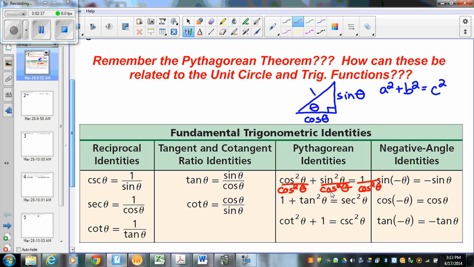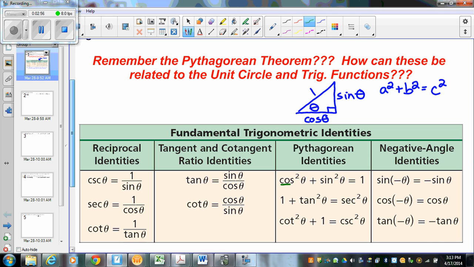Sine squared over cosine squared would be tangent squared, because remember tangent is sine over cosine. So if they're both squared, then tangent is just squared. And then 1 over cosine squared would be secant squared. So that's where this second Pythagorean identity comes from.